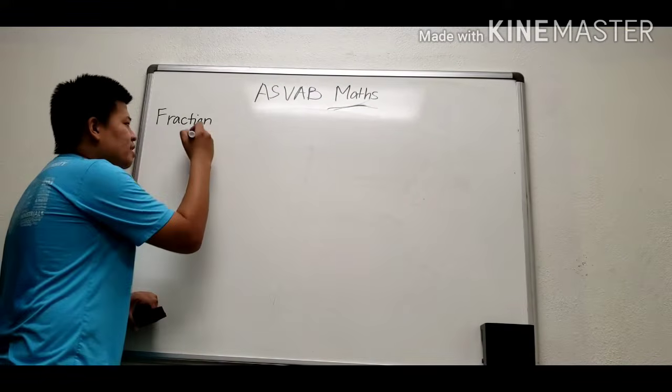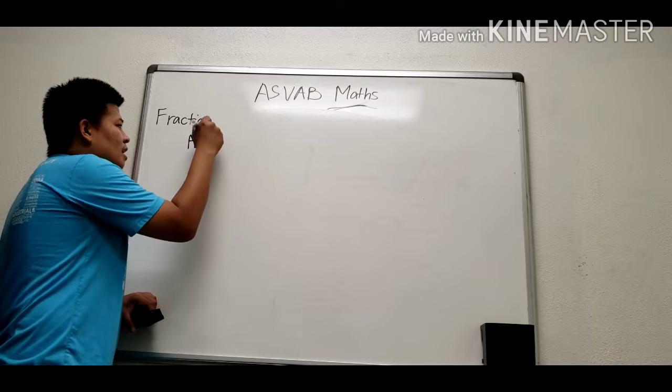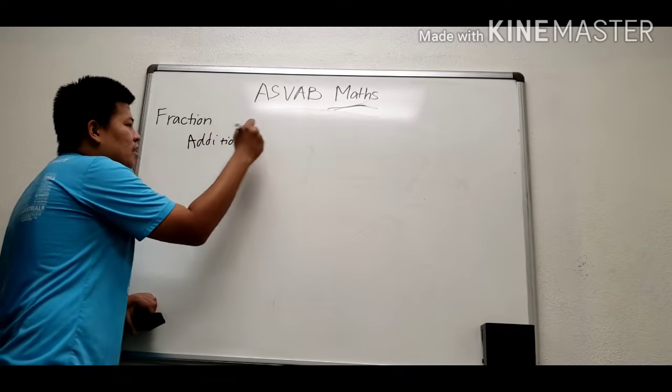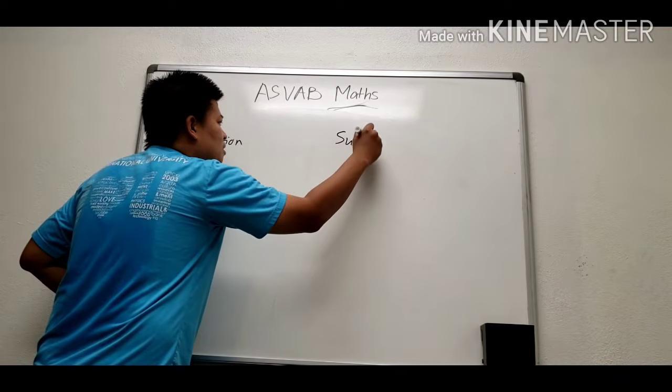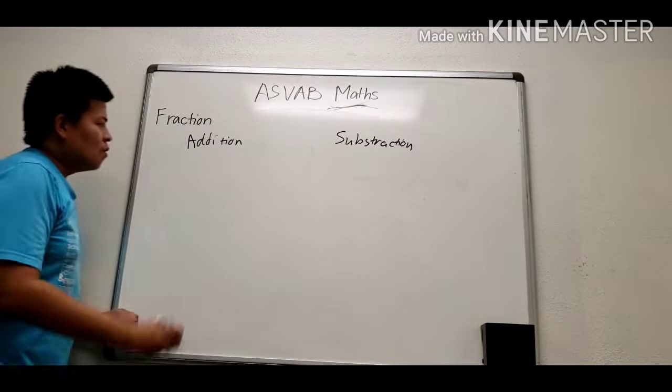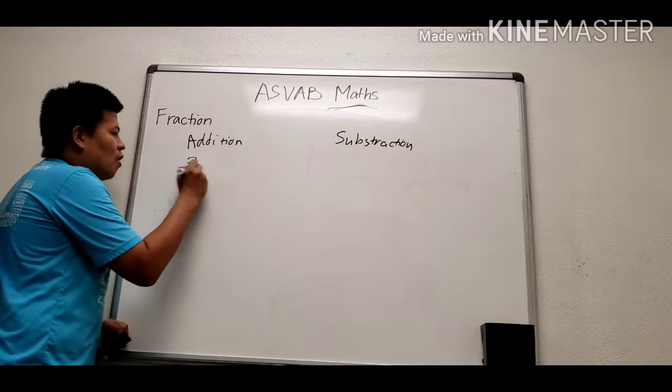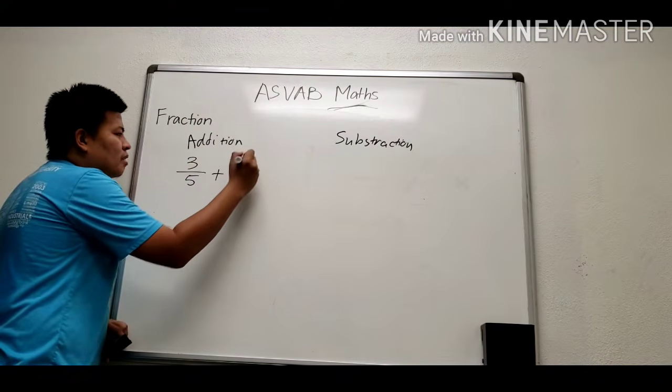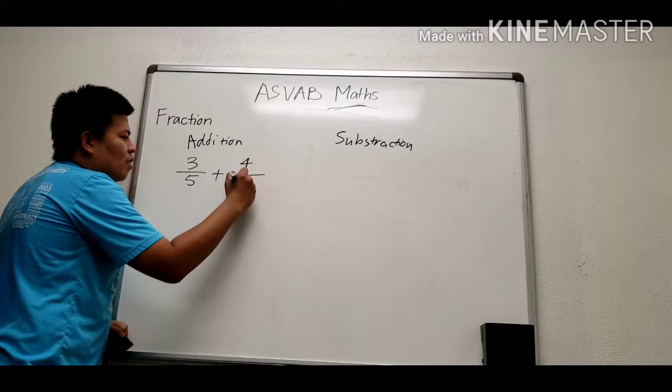First, we need to learn how to do addition and subtraction. For example, we have 4/5 plus 4/10.